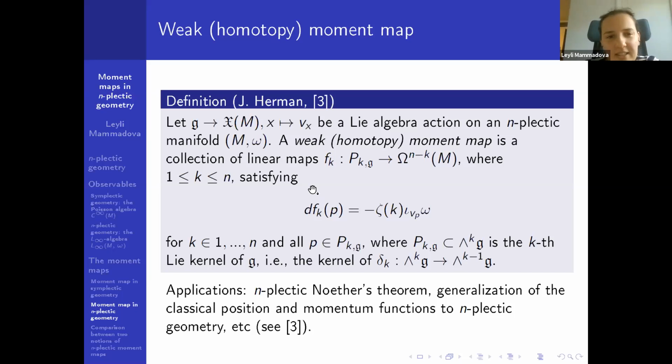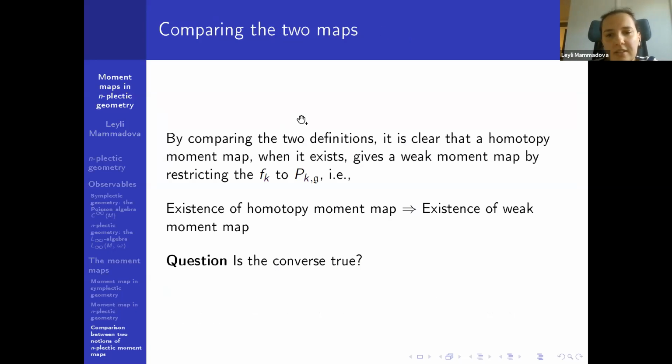Yeah, because actually the stuff that I was going to talk about next deals with this question too. So we have these two moment maps, and what Leonid and I were wondering is, I said every homotopy moment map restricts to a weak moment map, but is the converse true?